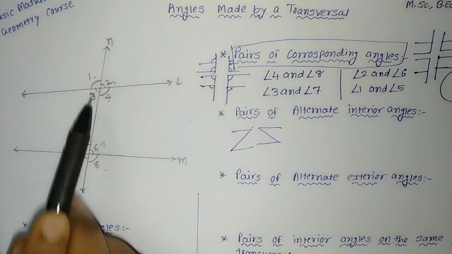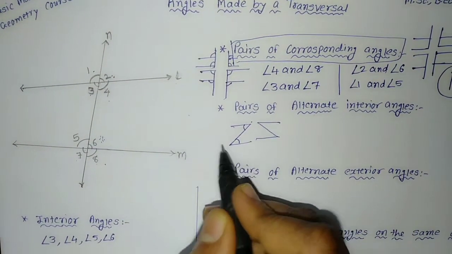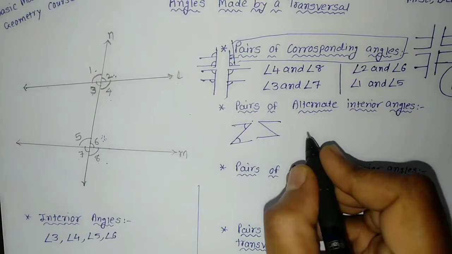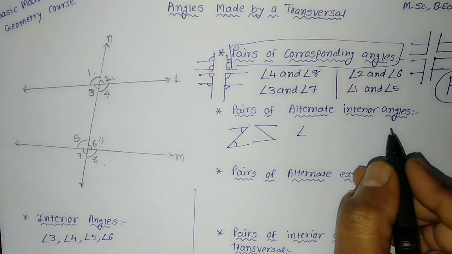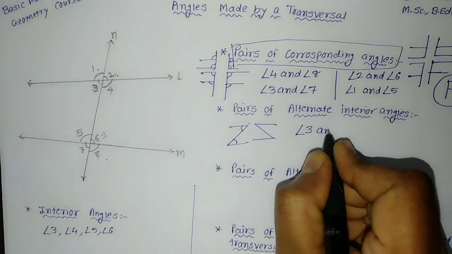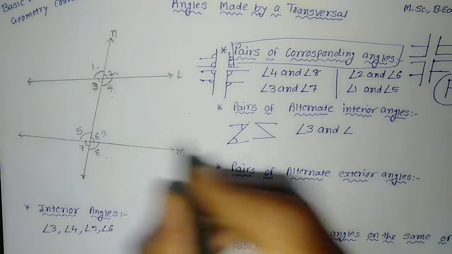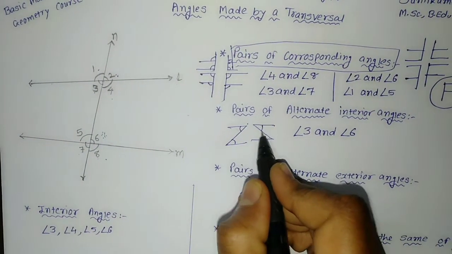So this angle 3 and angle 6. As I said, Z is forming with these two angles, that is angle 3 and angle 6. So I will write it: pairs of alternate angles, or we can say pairs of alternate interior angles, it is angle 3 and angle 6. In a similar way, the reverse Z would be this and this.